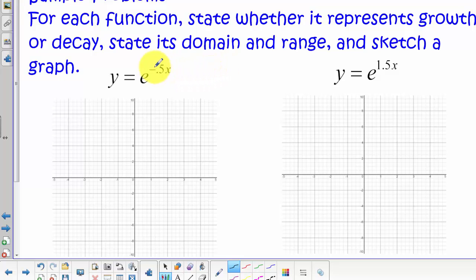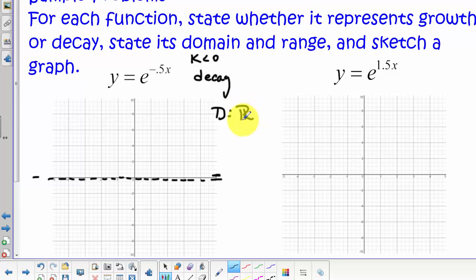We know here our k is negative, so we have decay. Again, our horizontal asymptote will be y equals 0. Since it's decay, it's going to approach the horizontal asymptote on the right side. Our domain is all real numbers, and our range is y greater than 0.